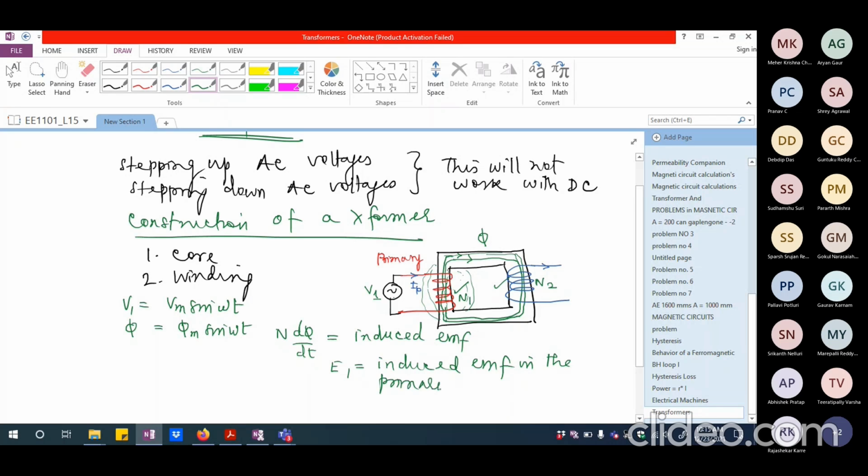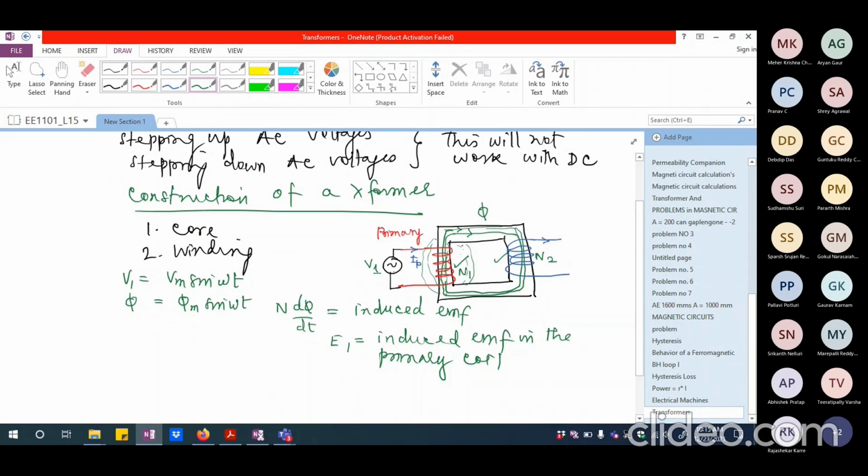If I assume that all the flux linking the primary is also linking with the secondary, both of them are equal, then this is N1 multiplied by d phi by dt.